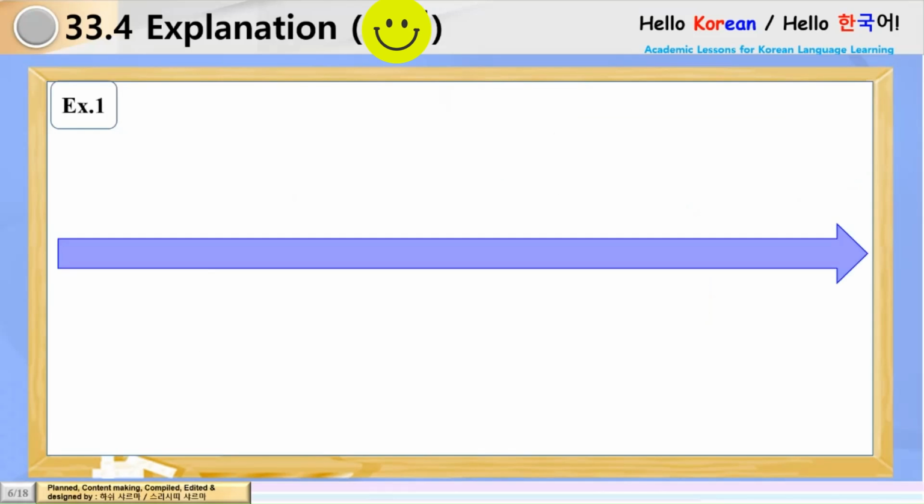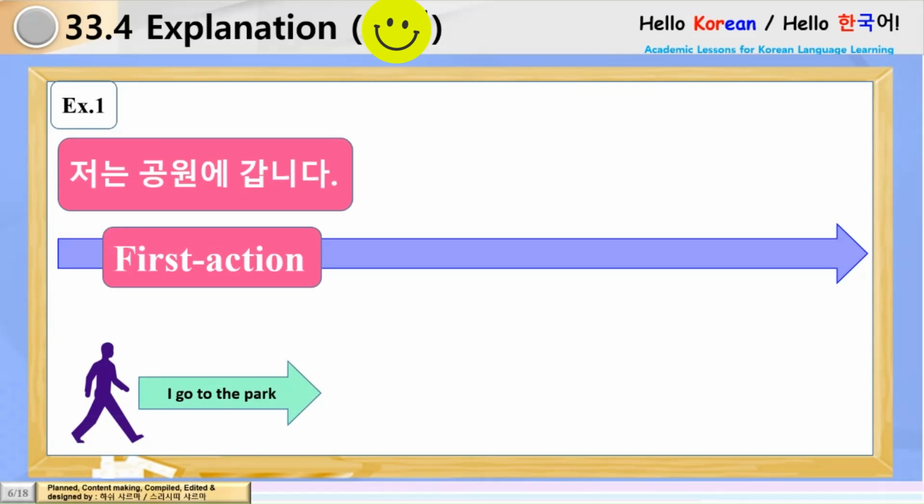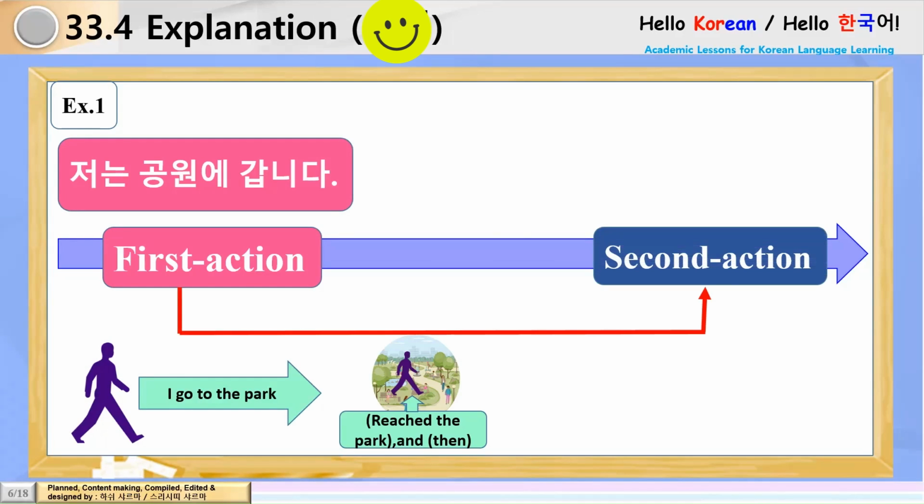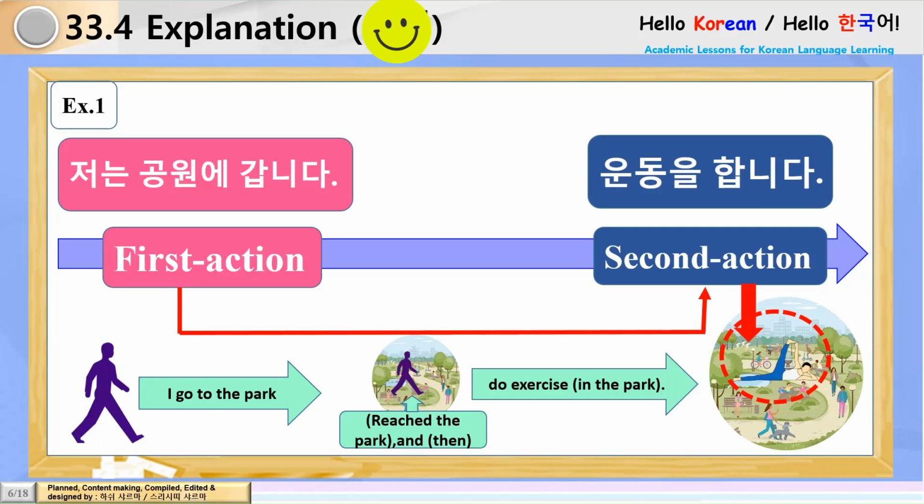Now let's see the first example. The first action is 저는 공원에 갑니다. And the second action is 운동을 합니다. This means first I go to the park and then do exercise.